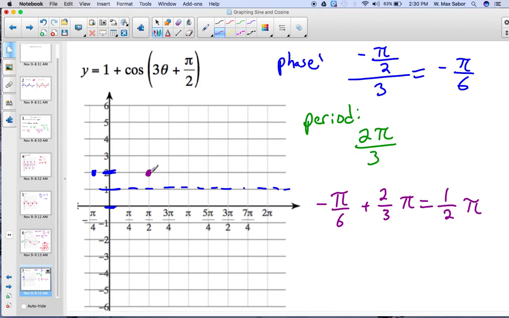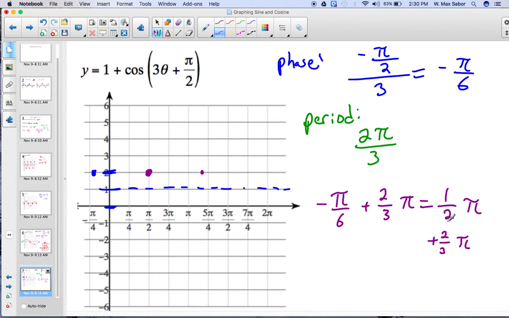So this should be a whole cycle from negative pi over 6 to here, because these are 2/3 pi apart. Then I can go another 2/3 pi apart over here, and then another 2/3 pi apart over here.